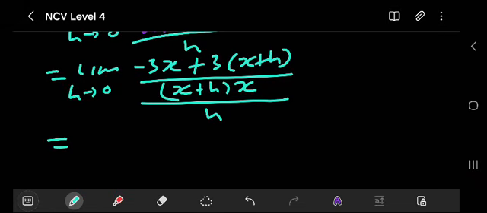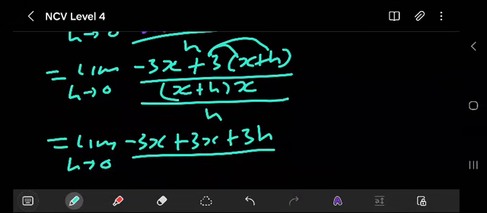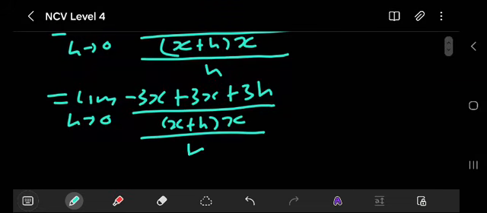Then mathematically you distribute, and you'll have the limit as h tends to 0 of minus 3x plus 3x plus 3h, all over x plus h into x, divided by h.